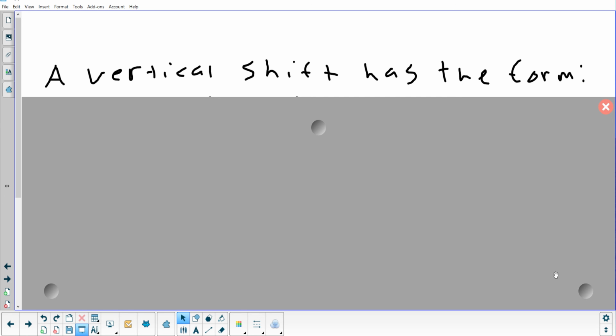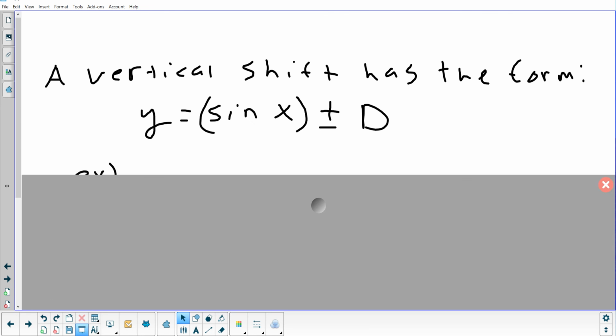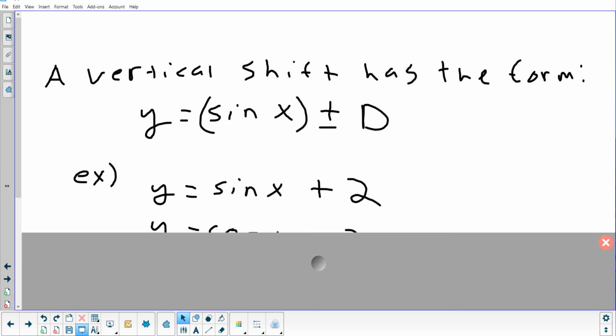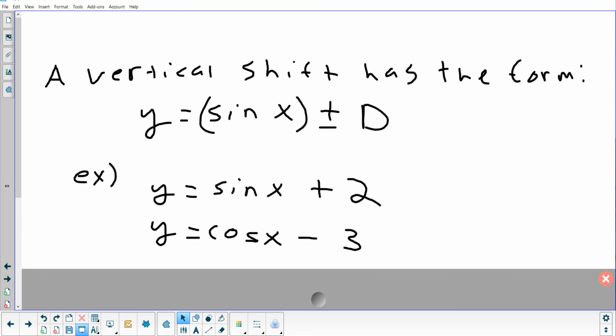Yesterday, we did adding and subtracting inside the parentheses, and it moved it left and right. Where do you think we're going to do the adding and subtracting today? Yep. Outside. Outside. So if you have a problem, and you add or subtract something outside the parentheses, okay, that's a vertical shift.